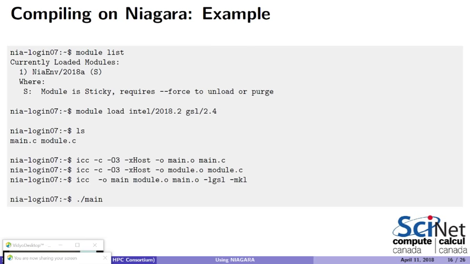So just a quick example of how this would work if you're compiling code. I have just my standard Niagara module loaded. I load an Intel compiler, and in this case, I want the GSL library, say, because it's needed. And then I can compile some C code with the regular flags. If you're compiling for the first time, make sure you turn on some sort of optimization, -O3. Try and do -xHost as well.